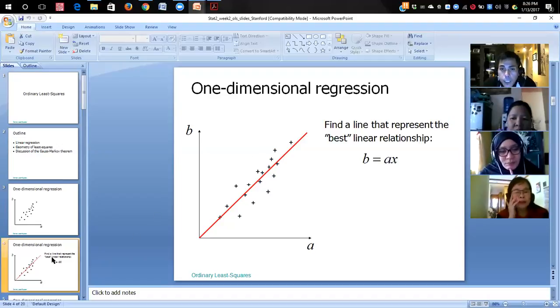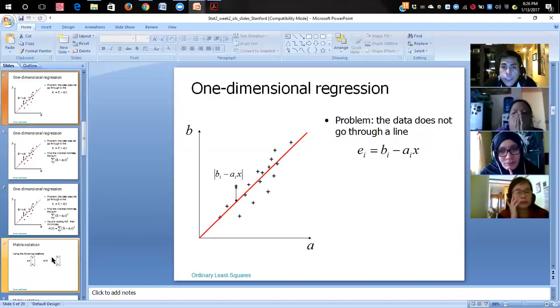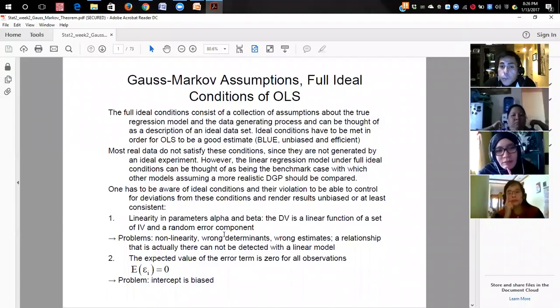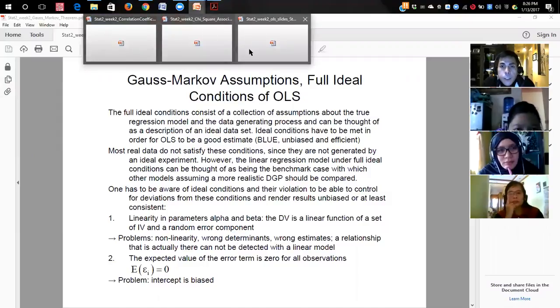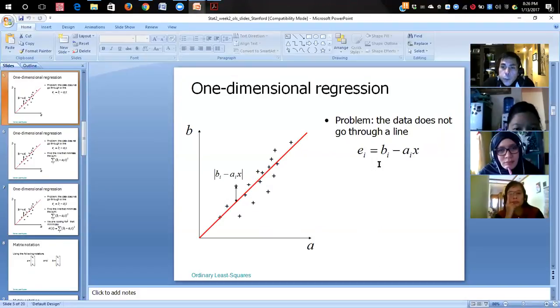So right here, this is the problem: if the data does not go through a line, you will have errors. According to the assumption, there is a random error component of the independent variable, and therefore it's represented by beta minus all the independent variables and the random component.